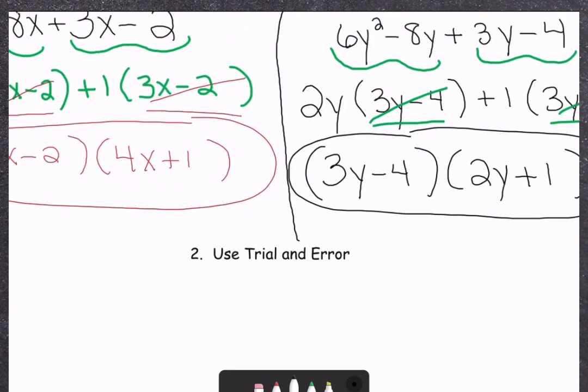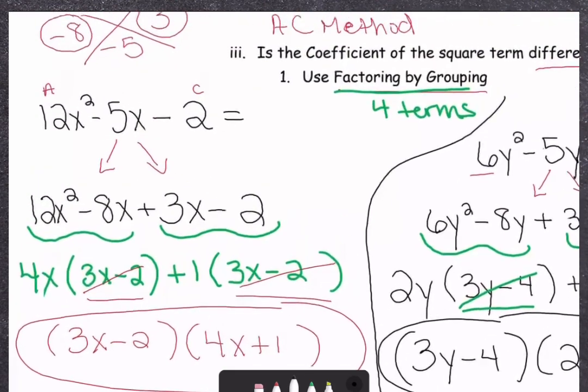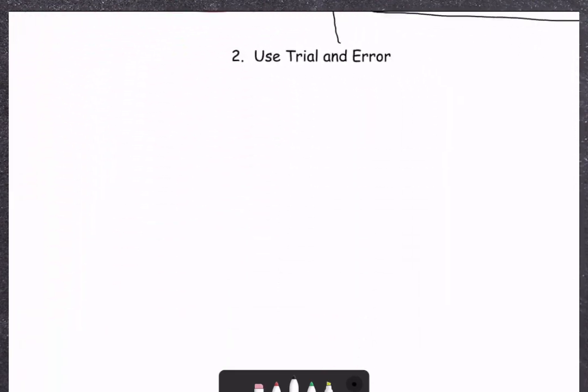So I'm going to go back to some of the problems that we've already worked out, and I'm going to show you how trial and error works. Let's use this one right here: 12x squared minus 5x minus 2.